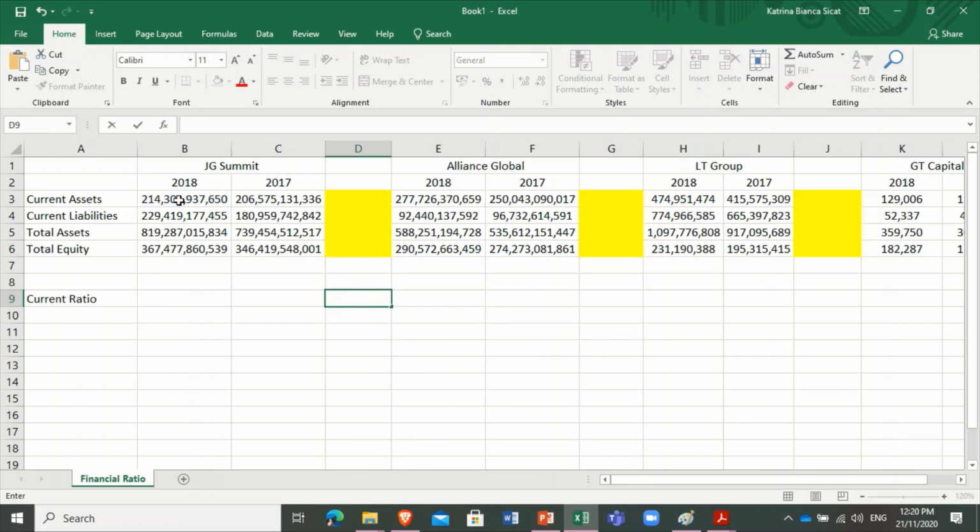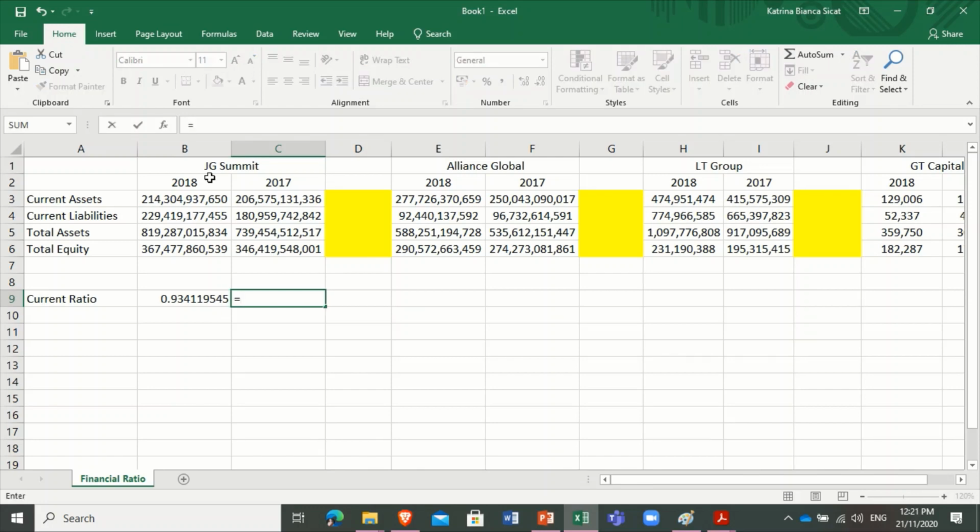Okay. So this is for year 2017 and 2018. Okay, this is going to be for 2018 divided by your current liabilities. There you go.